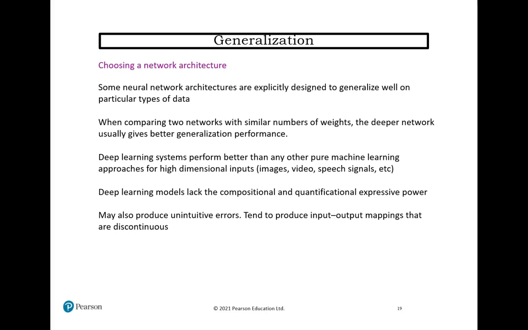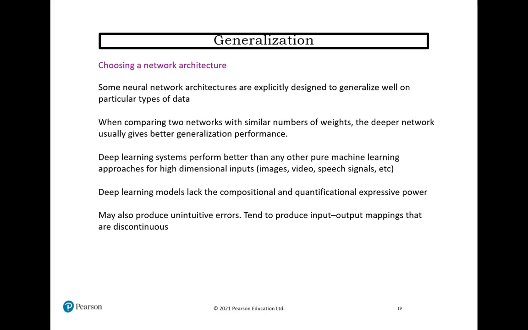When comparing two networks with a similar number of weights, the deeper network will usually give better generalization performance than the shallower but wider network. Deep learning systems perform better than any other pure machine learning approach for high-dimensional inputs like images, video, speech signals, and so on.